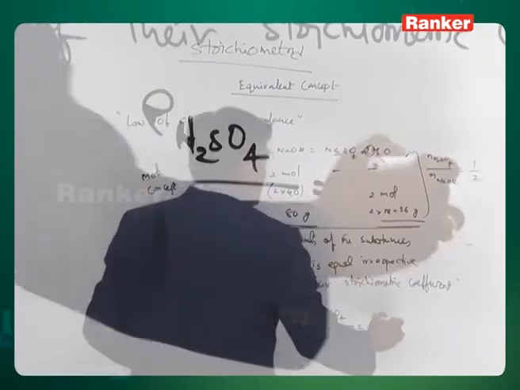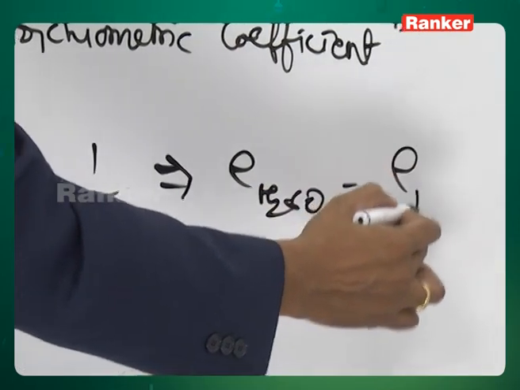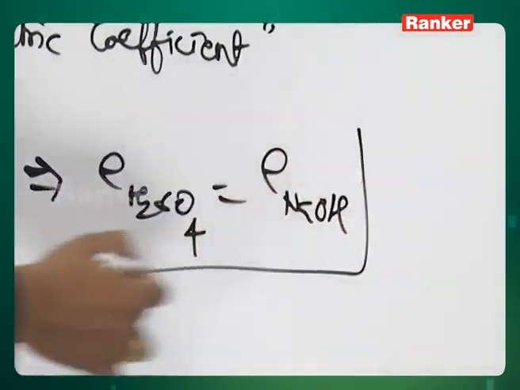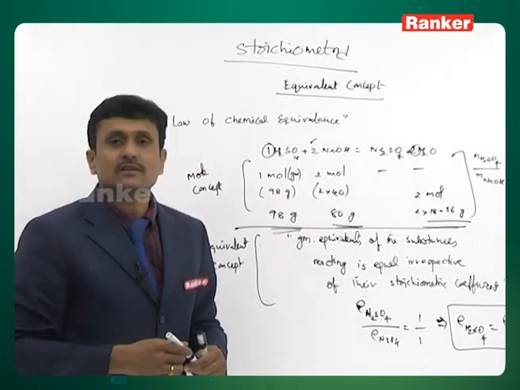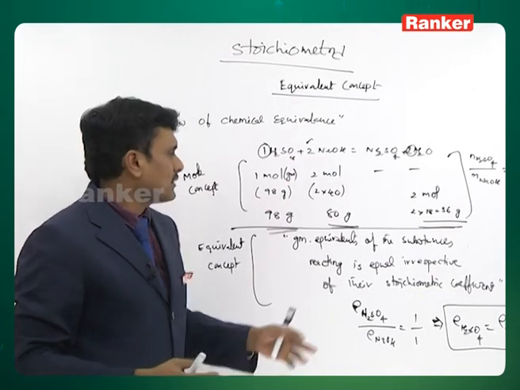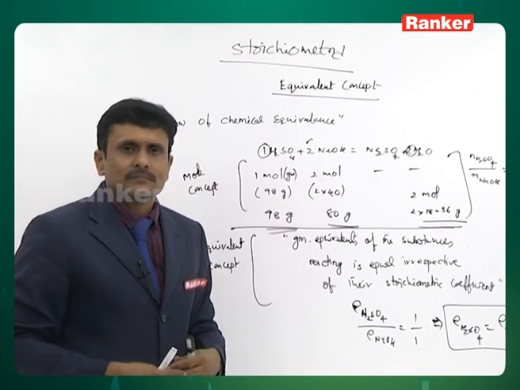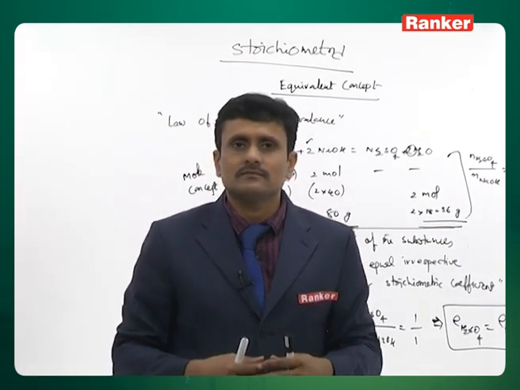So, here when you extend this further, you will find that the equivalents of all the substances that are reacting with each other are same irrespective of their stoichiometric coefficient. So, the biggest advantage of the equivalent concept is that we need not balance the equation every time, as the reactions that we will be seeing in volumetry are complex.